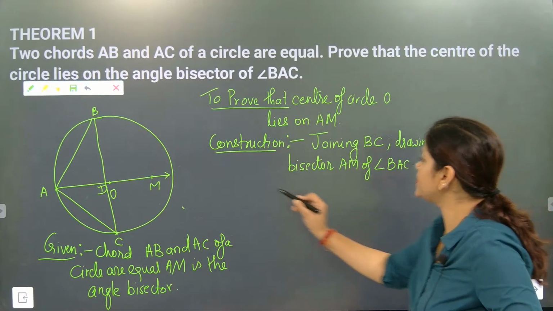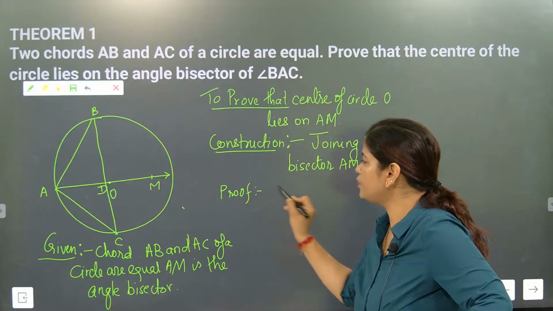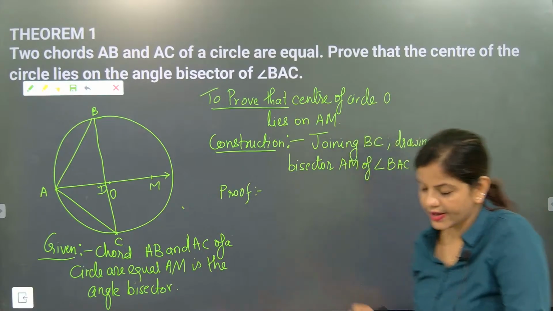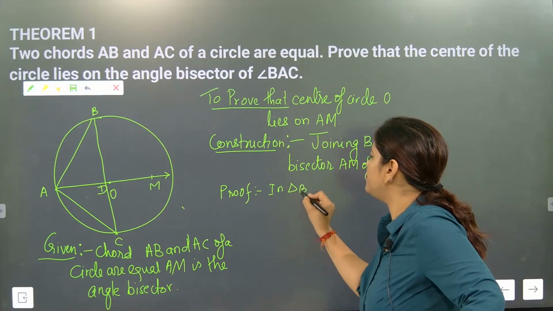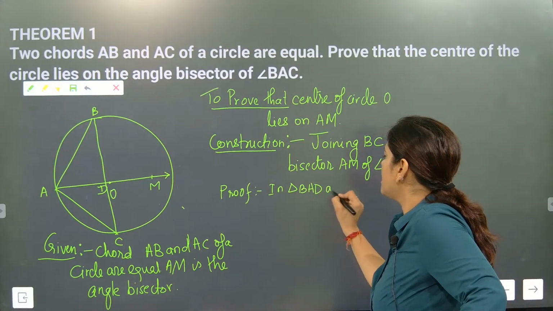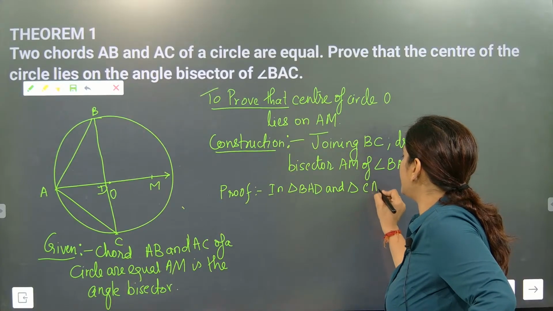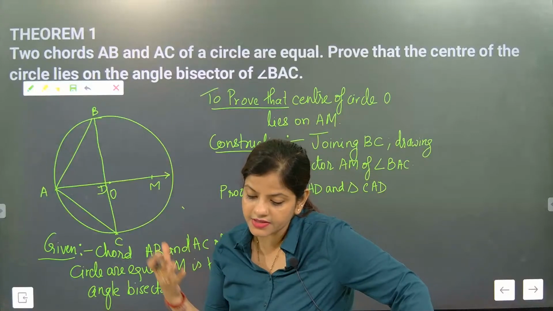So in the proof section, what are we going to do? We will take triangle BAD and triangle CAD.